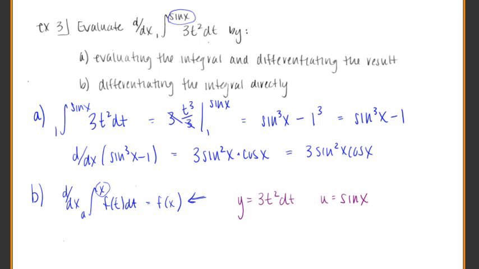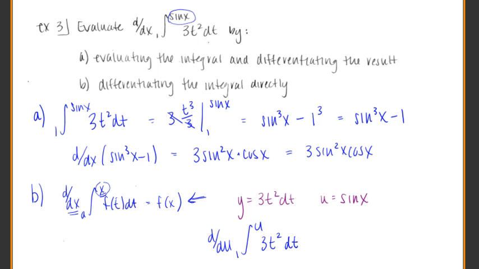Now, to keep using that theorem, I want to notice how it says the derivative with respect to x, and x is my upper bound. Well, now my upper bound is u, so now I'm going to go du from my lower bound 1 up to u of my function, 3t squared dt.